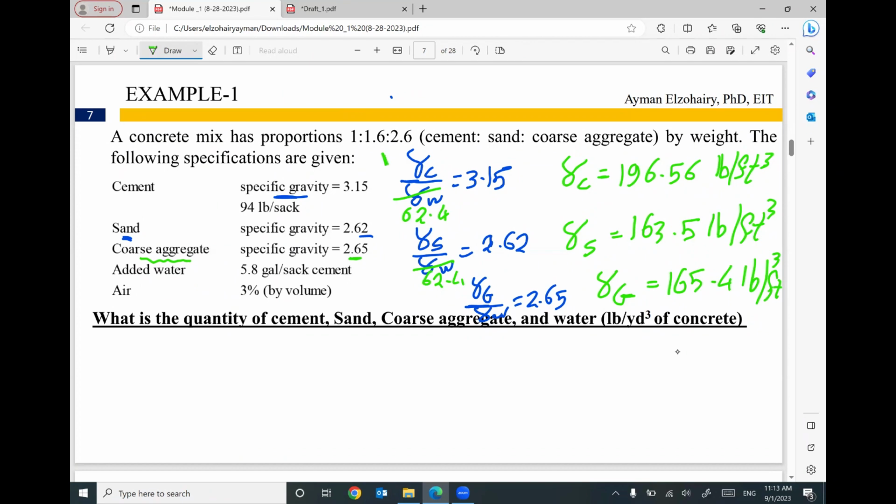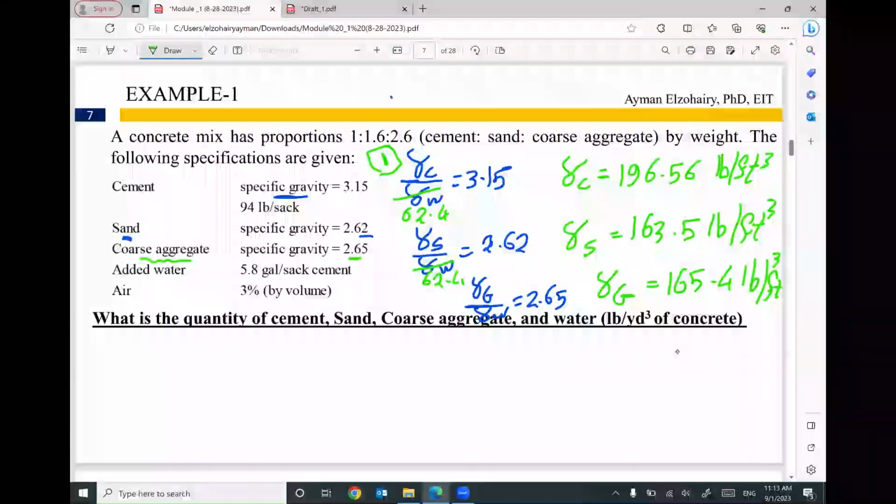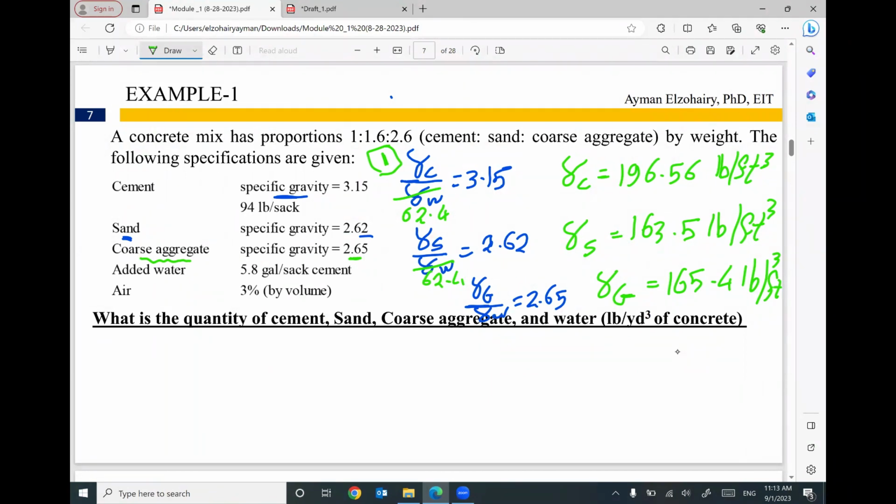So this is the first step I will start with. I'm given the specific gravity for cement, sand, and coarse aggregate, so I can convert this specific gravity to unit weight for each material. Anybody has any questions so far?